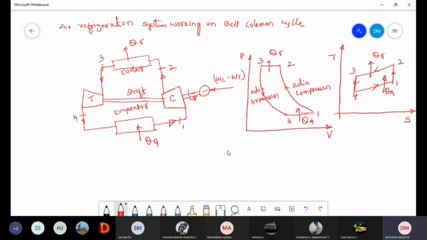What is the meaning of T and S? Temperature and entropy. Temperature and entropy diagram.